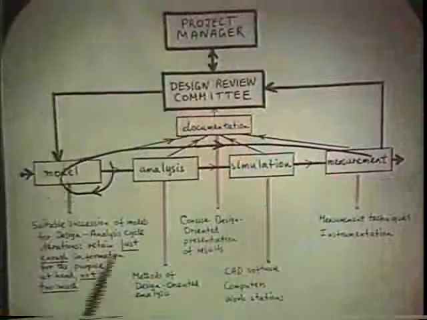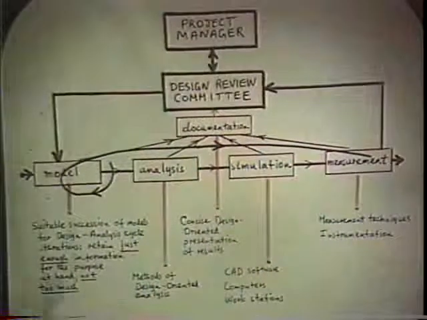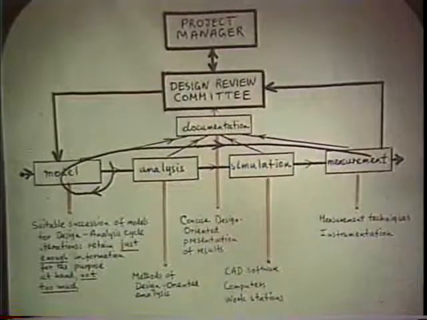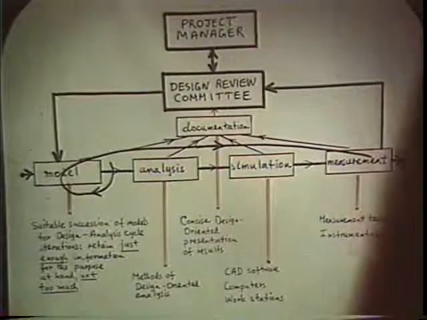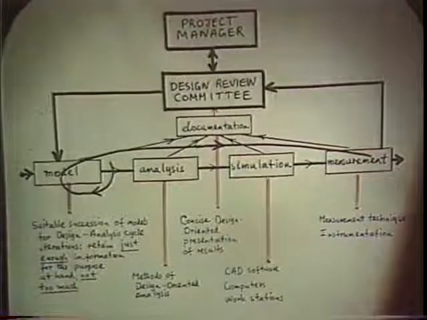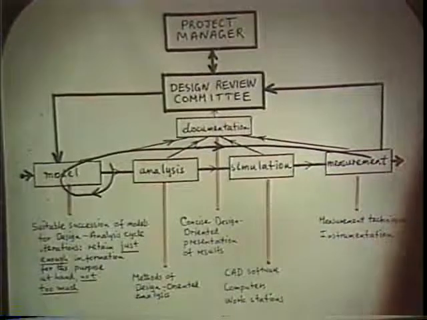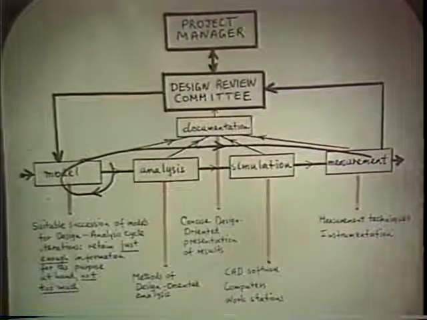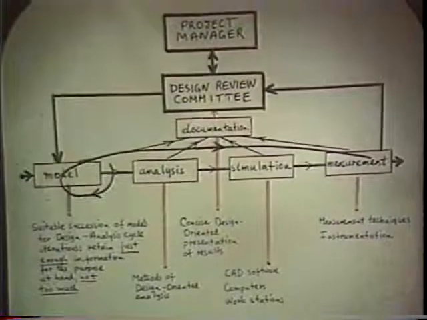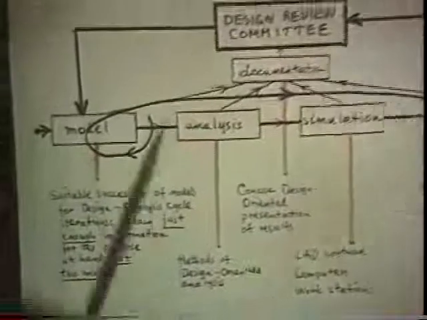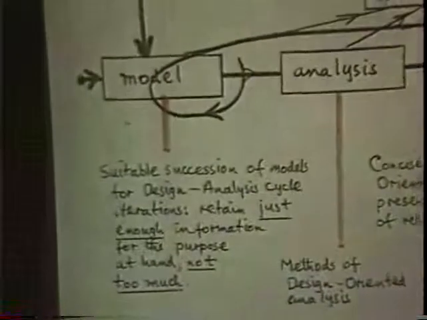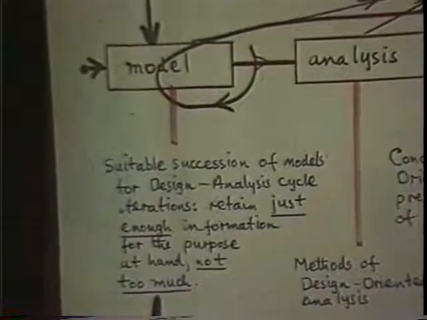And the important thing about the model is it should have just enough information. And it's just as important not to have too much as it is important not to have too little. And usually only one half of that statement is consciously recognized. Because, as I said at the beginning, the conventional approach is put everything in the model and leave things out later if you're really forced to.